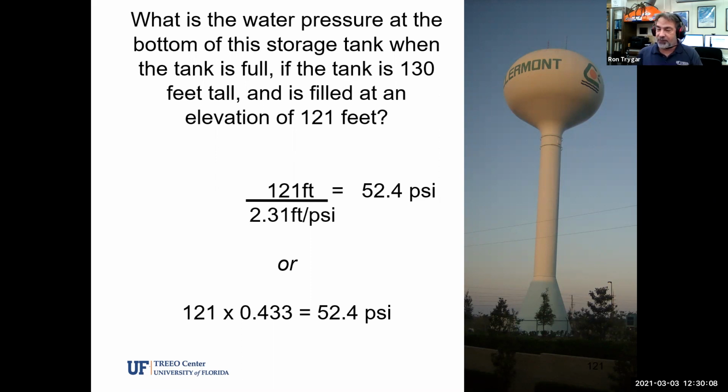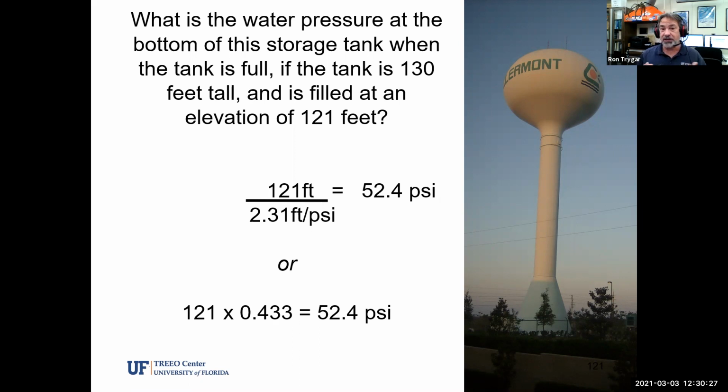When you look at the formulas that we have here, we have two separate things written out. When we divide 121 feet by 2.31 feet per PSI, we come up with 52.4 PSI.